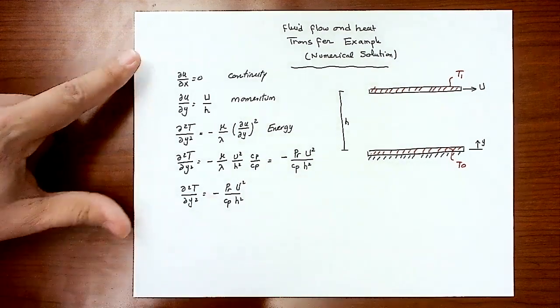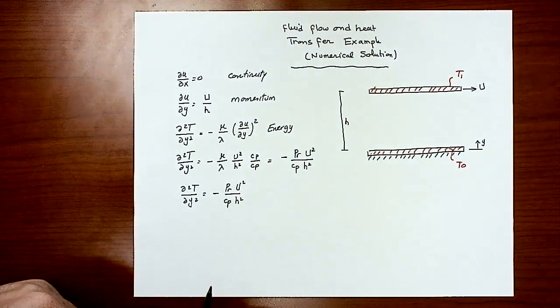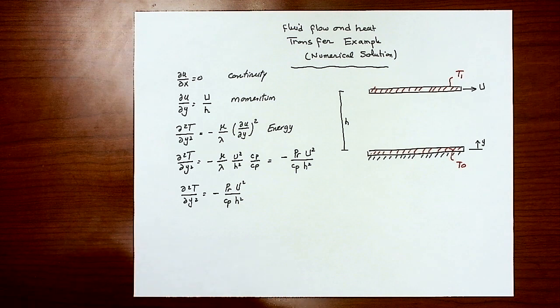Now, this is the equation, and instead of solving that analytically, I would like to solve that numerically. We talked before about the Couette flow, and we agreed that the velocity changes only in the y direction, and the temperature also will change in the y direction.